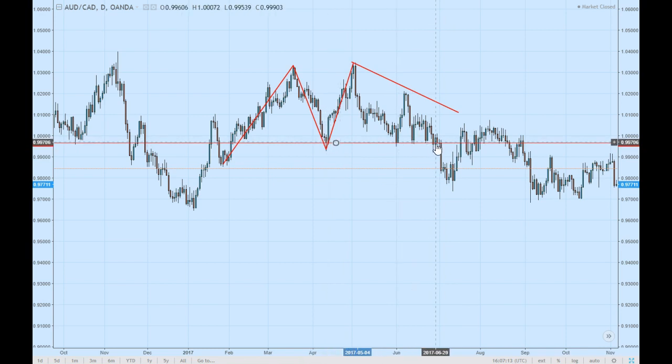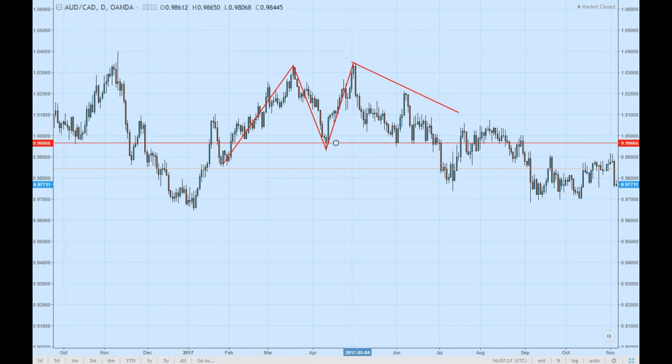This was not a long range between the close below and the test, but sometimes they are, and you must wait. But in this case, you can just enter because it's just maybe 20 pips between these and these, right?